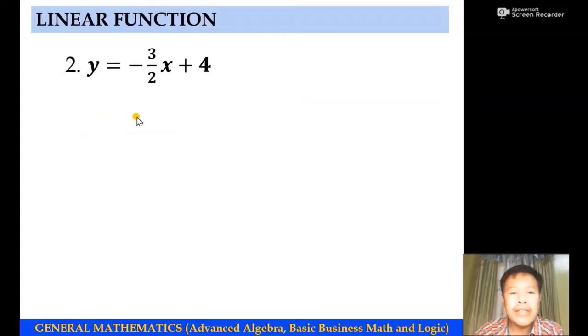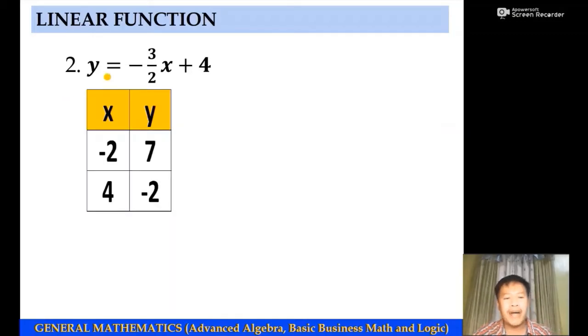How are we going to assign values of x? Because the instruction there is to set up a table of values and sketch the graph. These are the values of x that I assign.